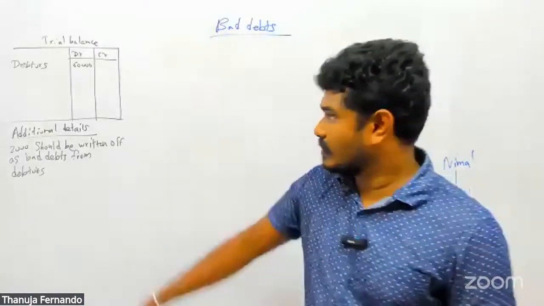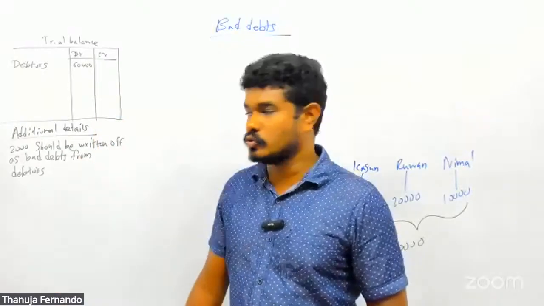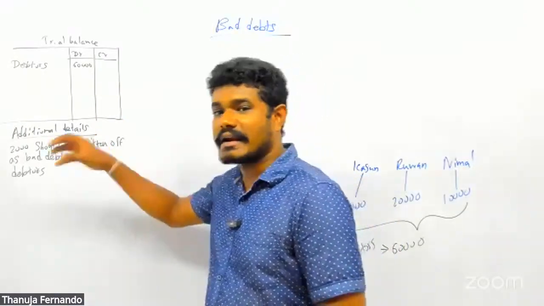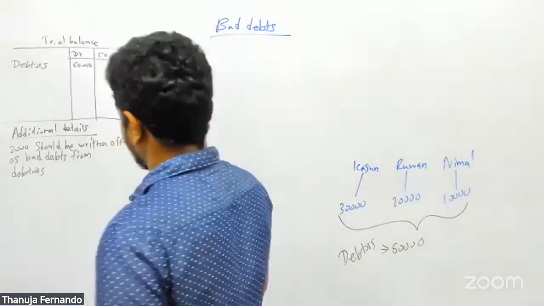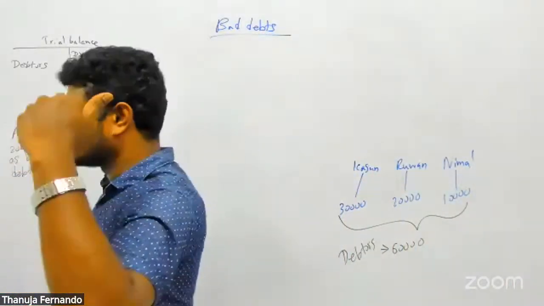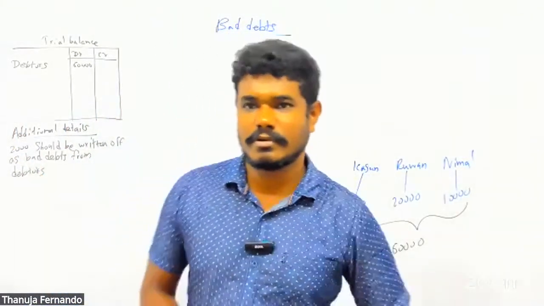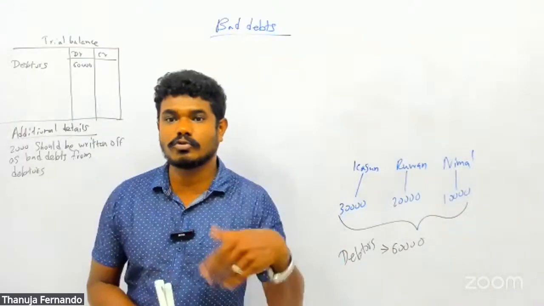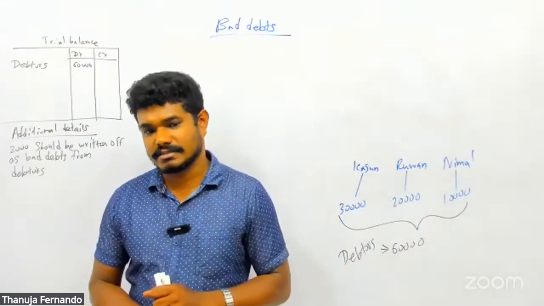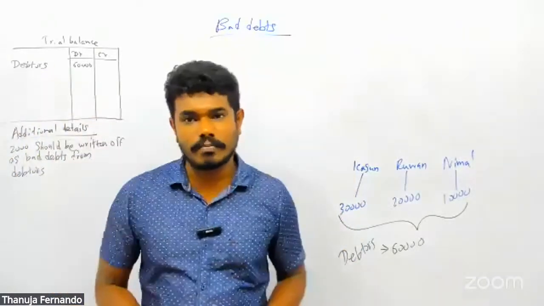And here they are saying, in additional details, 2,000 should be written off as bad debts from debtors. It means we have to deduct 2,000 from debtors as bad debts. It means we are unable to recover 2,000 from debtors.